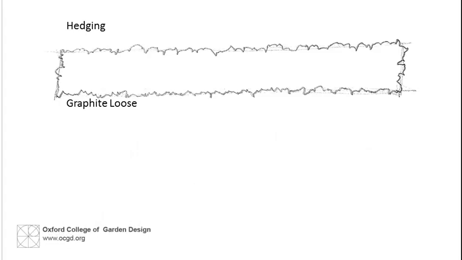When it comes to hedging, your graphical style will depend on the scale of the drawing and the graphical detail required. The larger the scale, the more detail you'll need. And this loose graphite style, which you can see on the screen now, is probably one of the most appropriate.